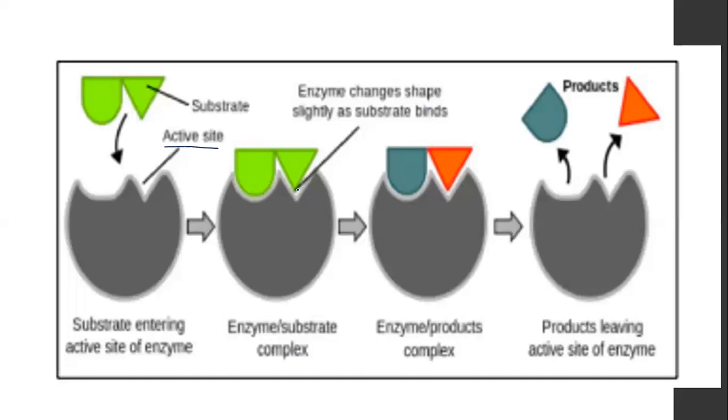You will see that the enzyme starts to change shape a little bit as the substrate fits, right? And here we can see that the colors are starting to change because the reaction has taken place. And therefore in this case we now have the enzyme product complex, because the color has started to change.